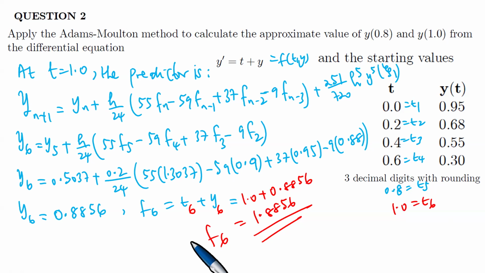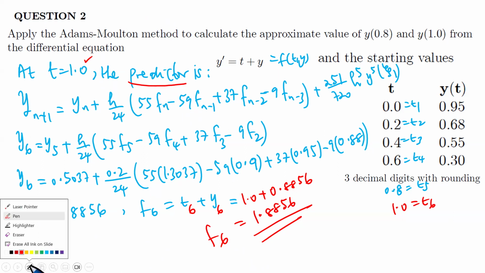We continue to look at the next thing. So now we've found the predictor. The predictor gives F6, and then we find the corrector. At t equals 1.0, we found the predictor, and then let us find the corrector also.